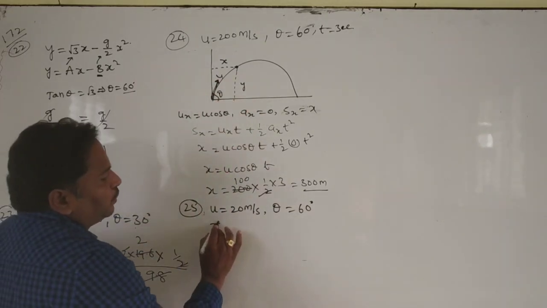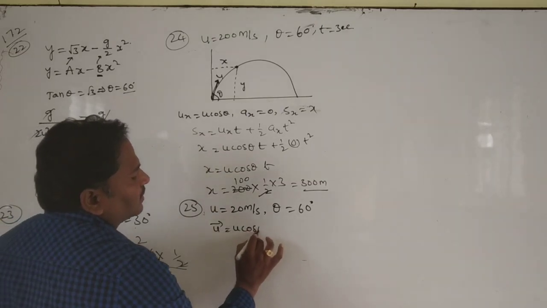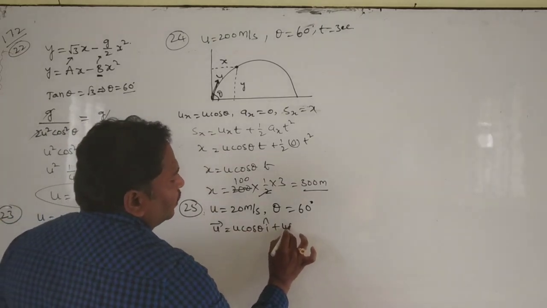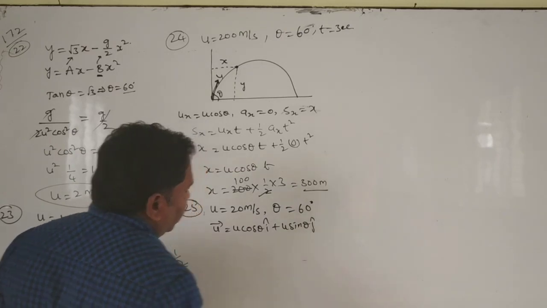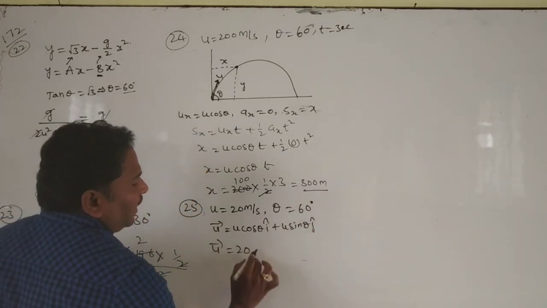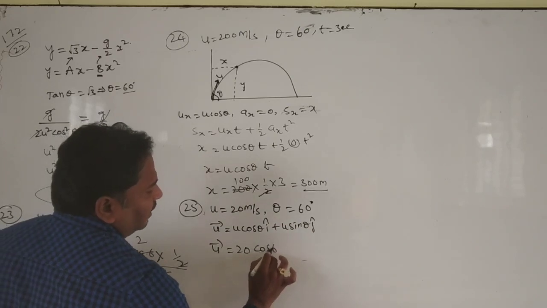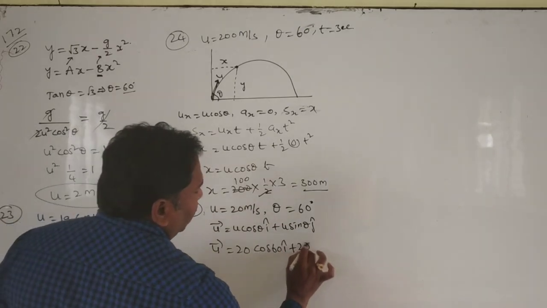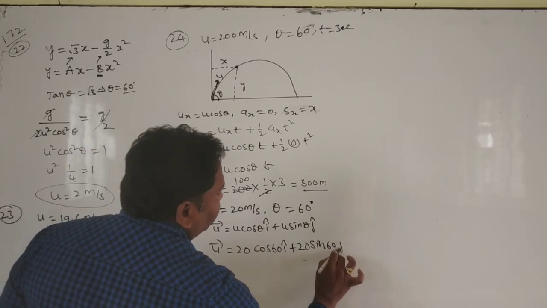The initial velocity vector u bar equals u cos theta i cap plus u sin theta j cap. So u bar equal to 20 cos 60 i cap plus 20 sin 60 j cap.